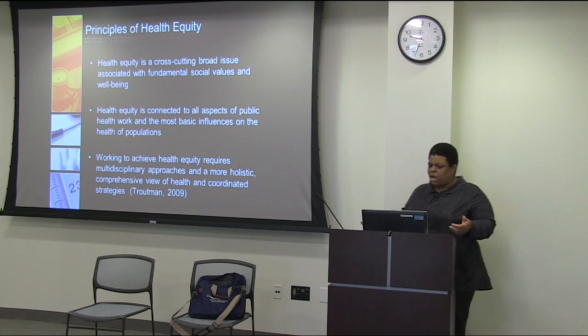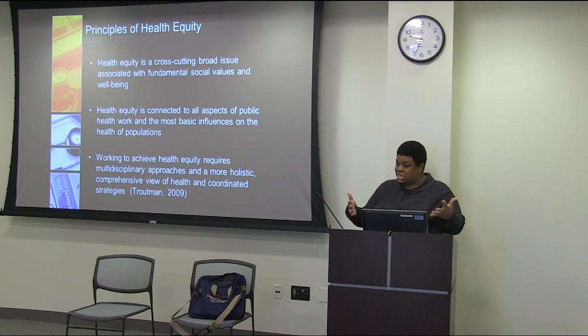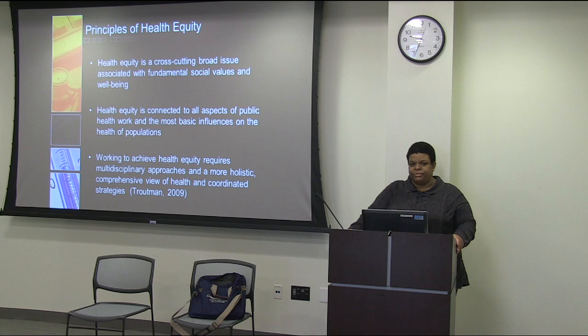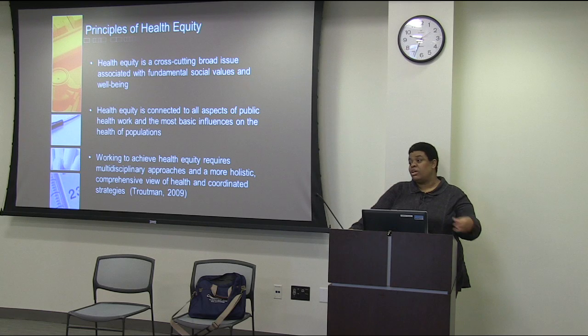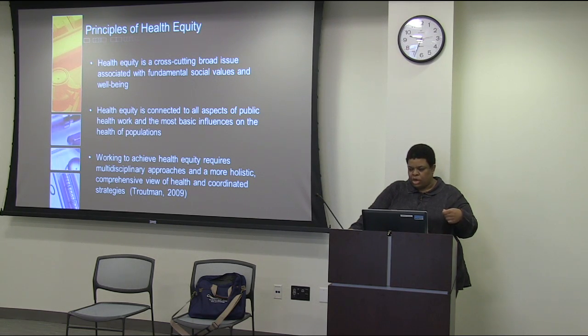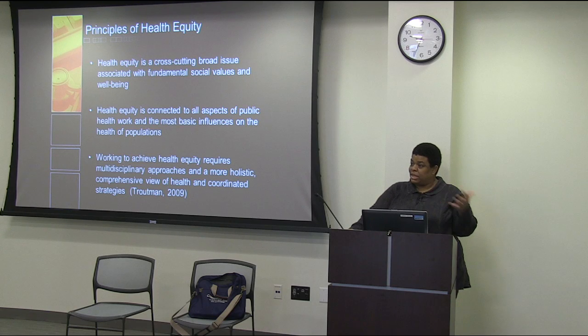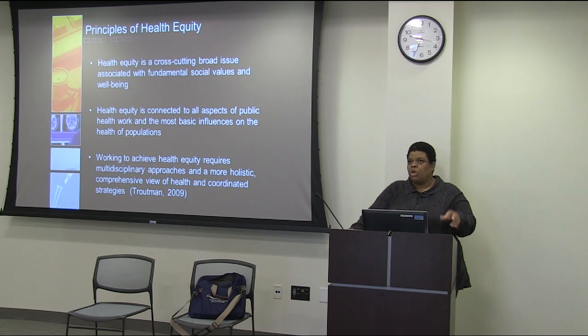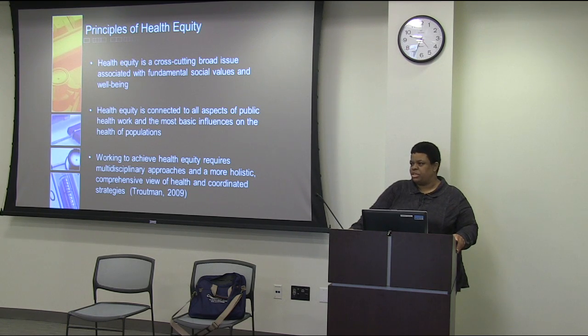And when we talk about a holistic, comprehensive view of health, health really is physical health, mental health, spiritual health, financial health. Sometimes we get bogged down in, do you have an illness or not? And it's really beyond that. So that holistic approach would take all of those things into consideration when we're thinking about, what does a healthy person look like?